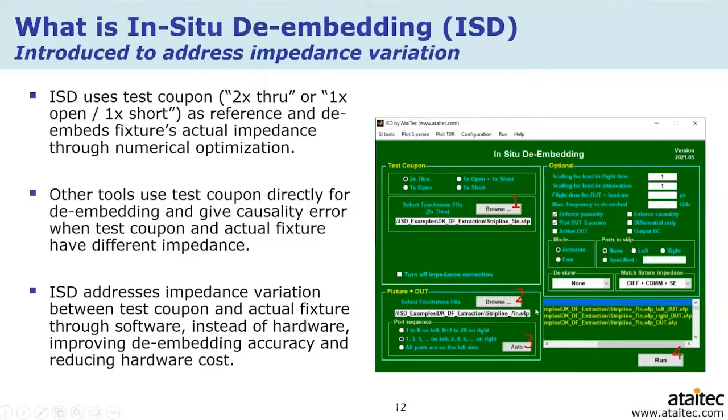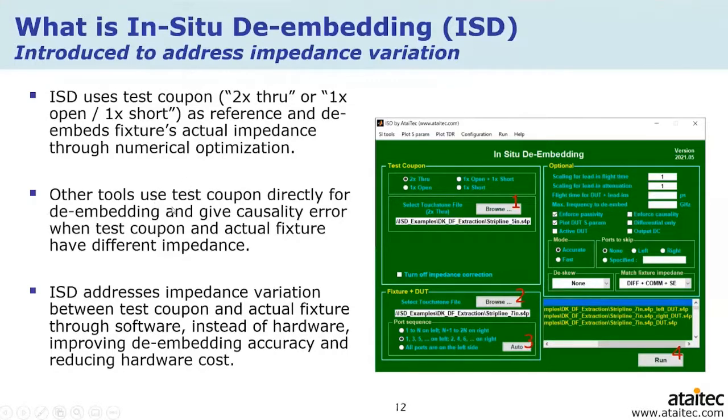So fundamentally, ISD uses the test coupon as a reference, and it doesn't apply that test coupon directly for the de-embedding. It only uses the test coupon as a reference, and then it de-embeds the fixture's actual impedance through numerical optimization. We'll show that in more detail later.